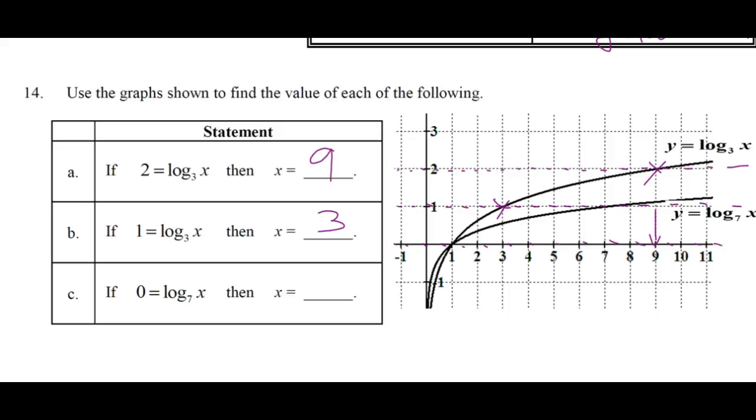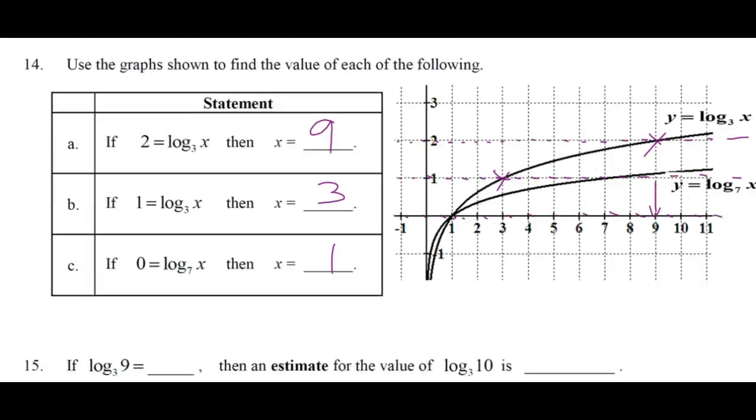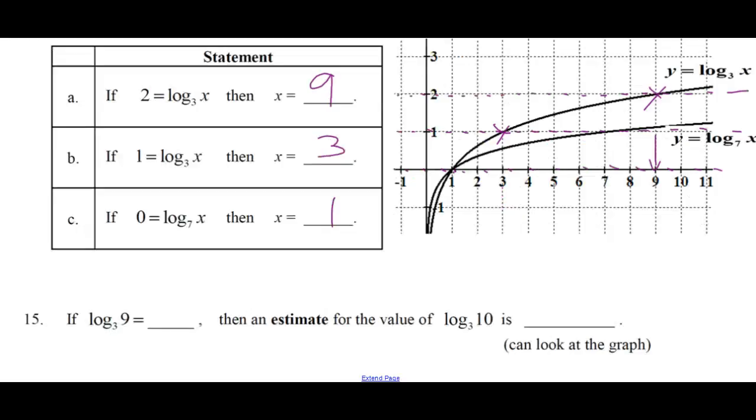So if 0 is equal to log base 7 of x, what's x? So 0, x is equal to 1. Doesn't matter if that's log base 7, or log base 3, or log base 162, or log base 0.15, or log base pi, or log base e.